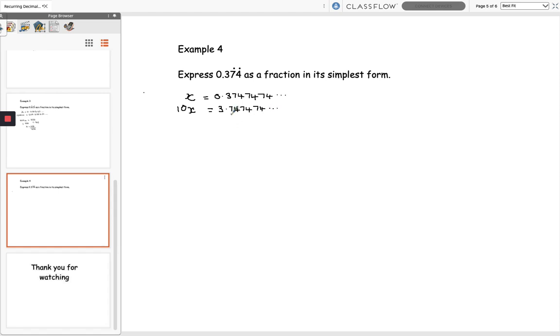So my recurring group is 2 digits long, so I'm going to multiply both sides by 100. So 10x times 100 will give me 1000x. And 3.74 recurring is going to give me 374.74 recurring.